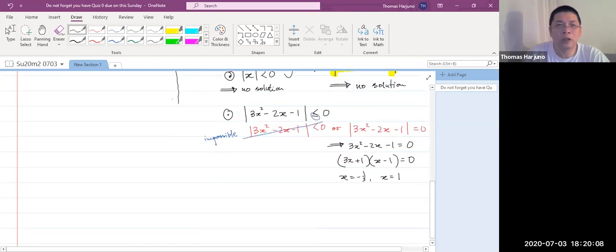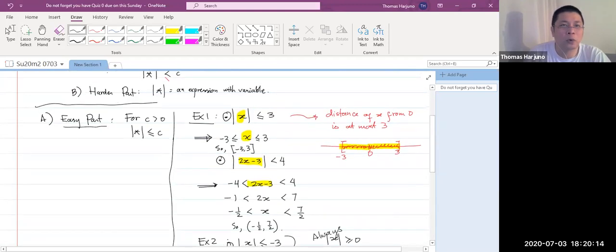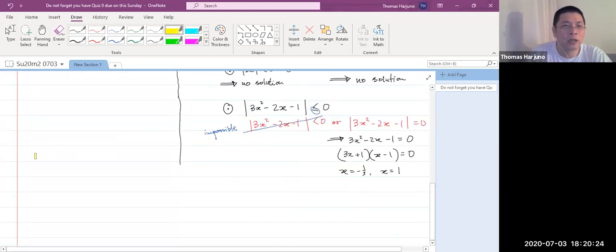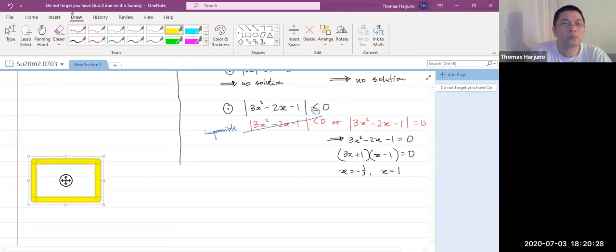Now, what happens in the second case, compared to the first case for less than or equal to C? What happens if we have greater than or equal to C, for a positive C?